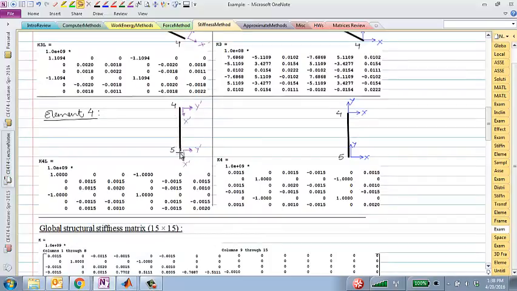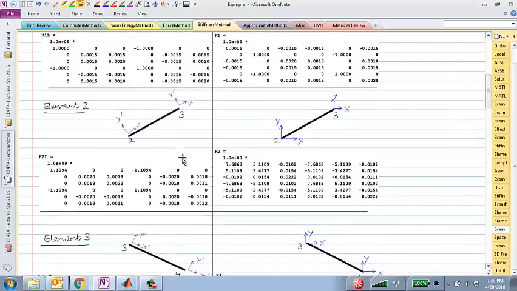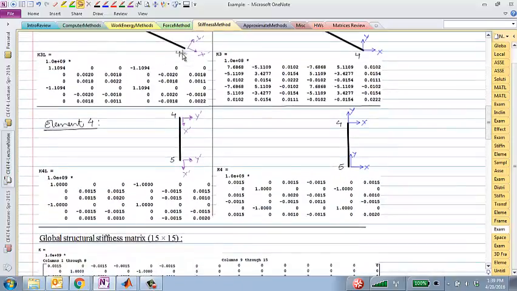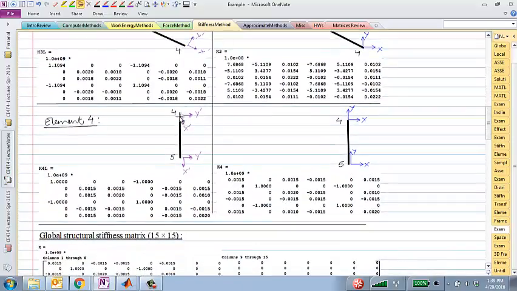This vertical member, element 4, is again slightly different from element 1. Note that element 1's local coordinate system points from node 1 to node 2, so x prime is oriented vertically up, whereas for element 4, it points from node 4 to node 5, so x prime points downwards.